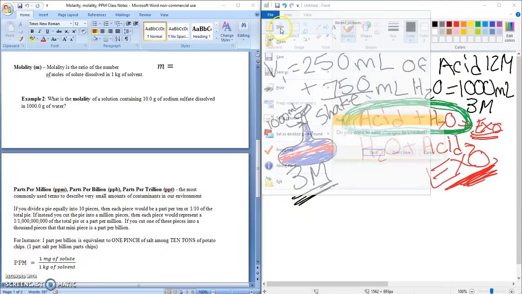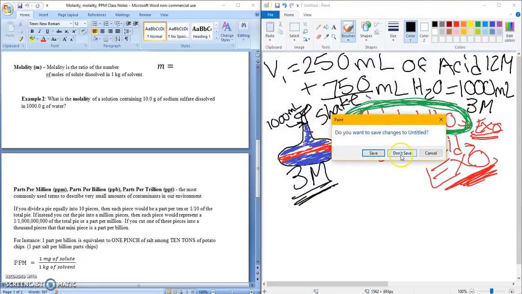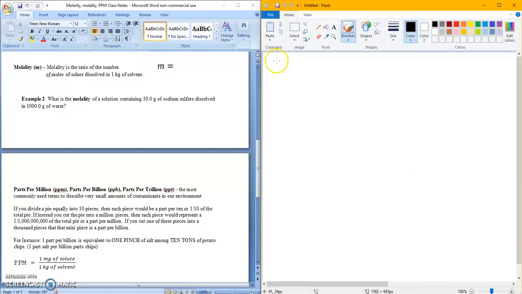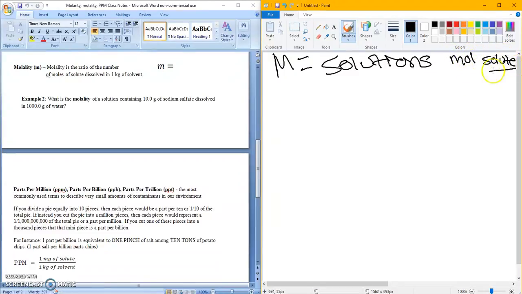Molality is a very similar thing to molarity. It's just a ratio. It tells me how much there is. However, molarity is used for solutions. Okay, it's always used for solutions. And it's moles of solute over liters of total solution. Whereas molality is a ratio.